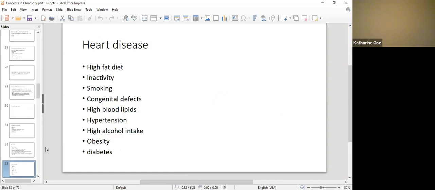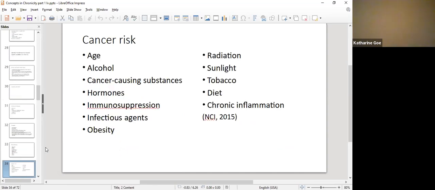Heart disease: you have seen all these risk factors over the years and know them pretty well from the past term. High fat diet, inactivity, smoking, congenital defects, high blood lipids, hypertension, high alcohol intake, obesity, and diabetes. So there's a lot of cross risk, as you see, in these chronic illnesses.